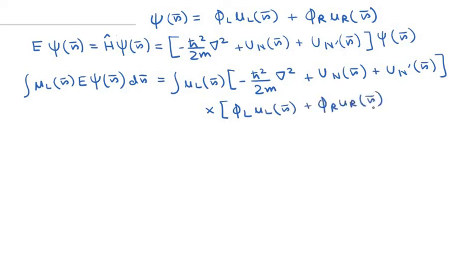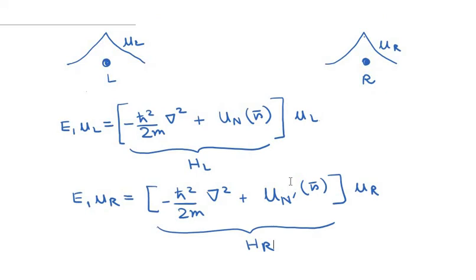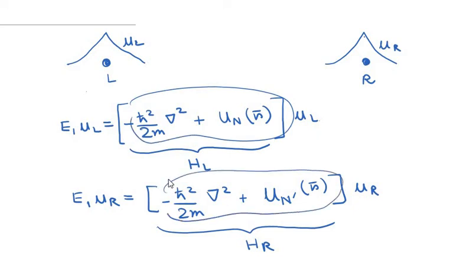Okay, now note that this is the Hamiltonian of the left isolated atom, which we discussed previously. Let me go back to that page. So this was the Hamiltonian of the left isolated atom, and this is the Hamiltonian of the right isolated atom.